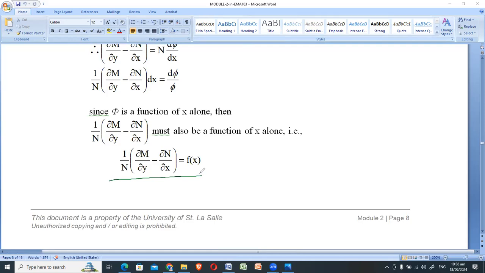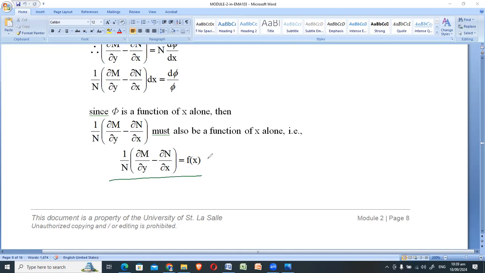Okay, that's the function of x formula that could be taken from the two partial derivatives that you performed in order to check whether your provided differential equation is exact or not. So you did partial differentiation of m with respect to y, and partial differentiation of n with respect to x.